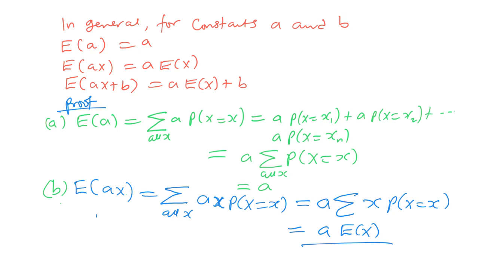Lastly, we talk about AX plus B. Part C: we are talking about the expectation of AX plus B, and we want to prove that this is A times the expectation of X plus B. So what do we do?